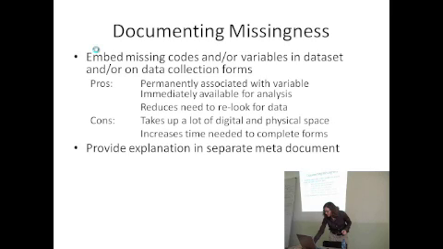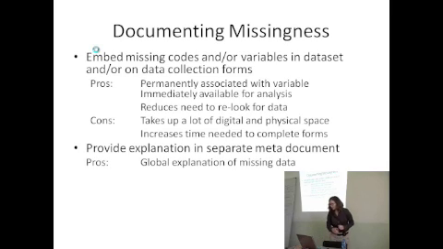The second method is providing an explanation in a separate metadata document. So, for example, if a variable was added to a questionnaire one year into a study, then of course all the data for that variable would be missing prior to that date.